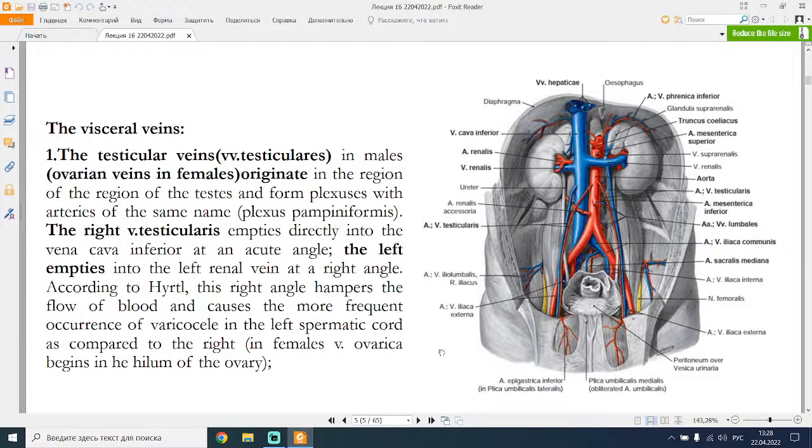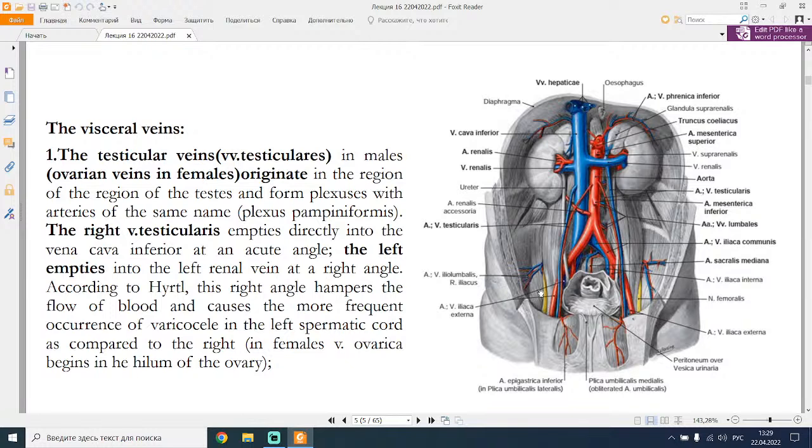First veins, vena testicularis in males, vena ovarica in females. These veins originate in the region of the testes and form a plexus with arteries of the same name, the plexus pampiniformis.